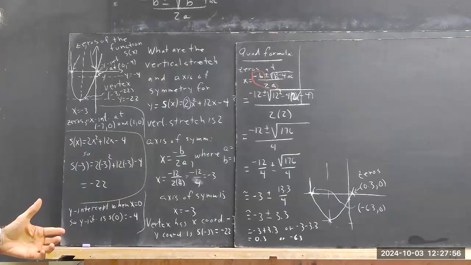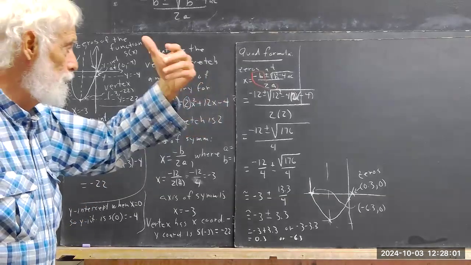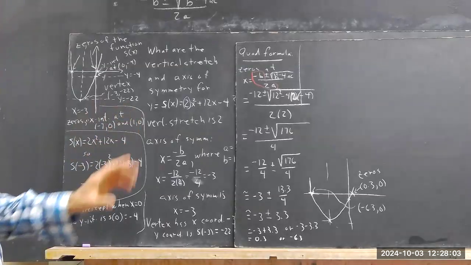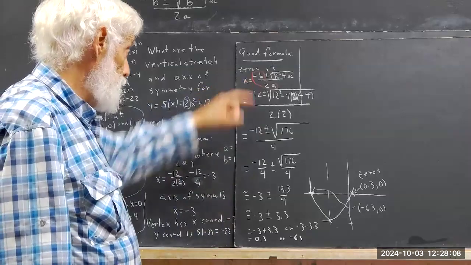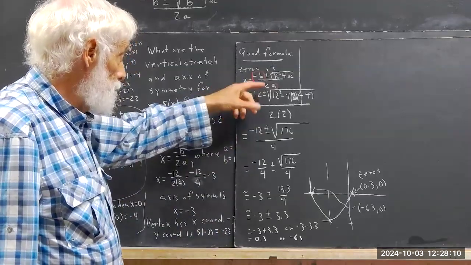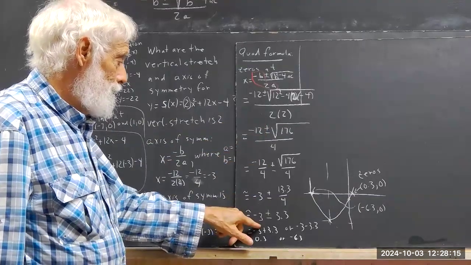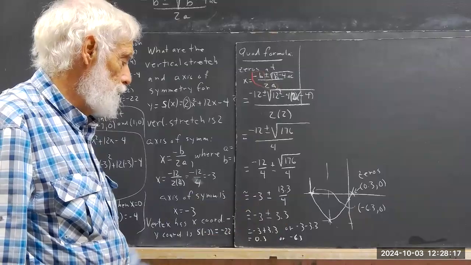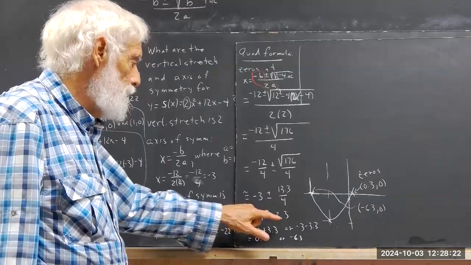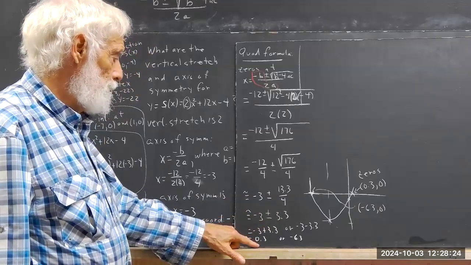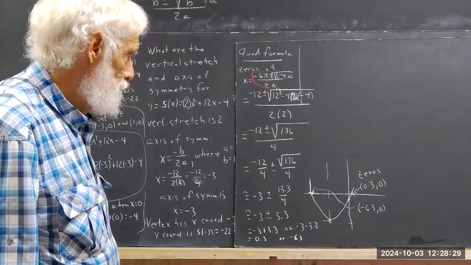If y equals 0, then you have this function equal to 0. I never did write that out because we were pressed for time. But here's where your zeros are, at these x values. We just plug in A, B, and C, and we do the arithmetic, and we get -3 plus or minus 3.3, which gives us -3 plus 3.3 gives us 0.3, and -3 minus 3.3 gives us -6.3.